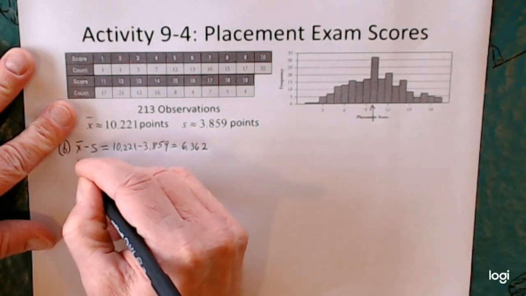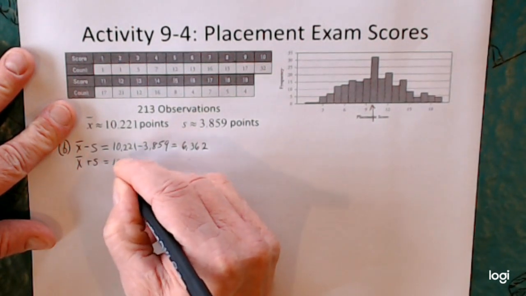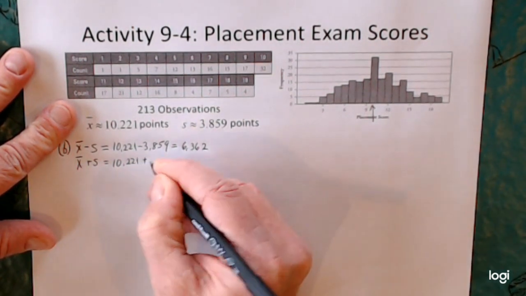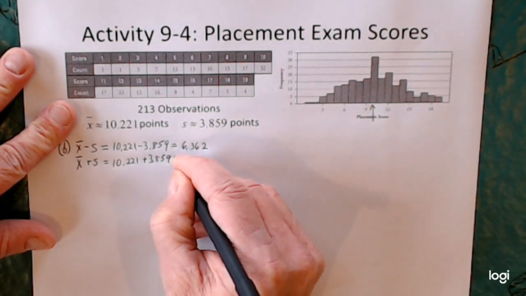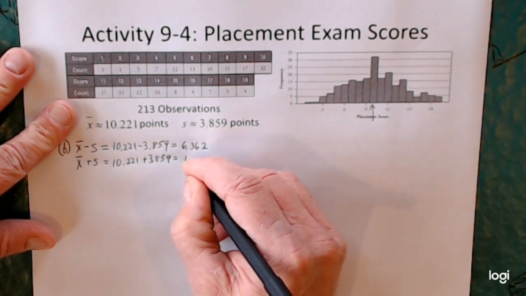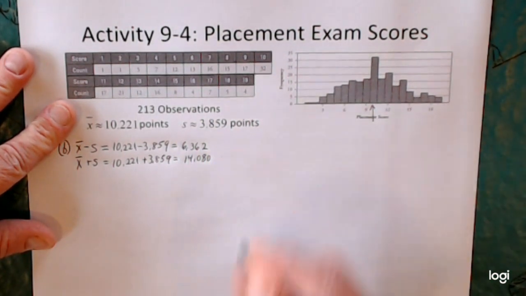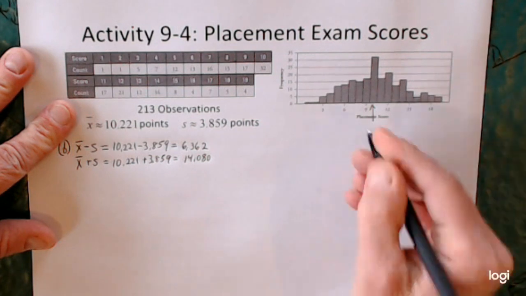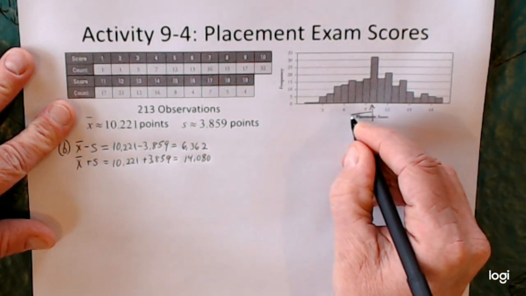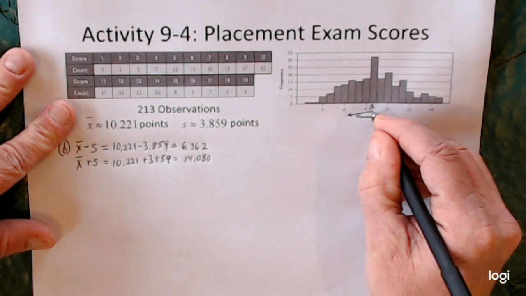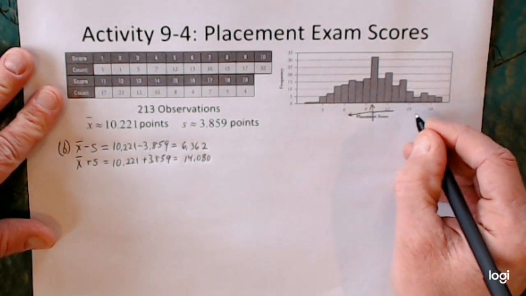When I add a standard deviation, I get 10.221 plus 3.859, and that gives me 14.08. So what I'm doing is going down a standard deviation to 6.362, and going up a standard deviation to 14.080.